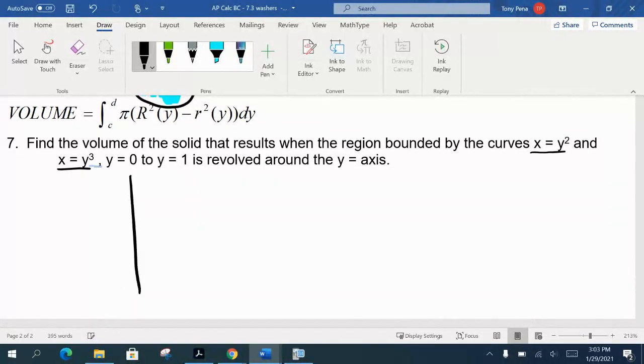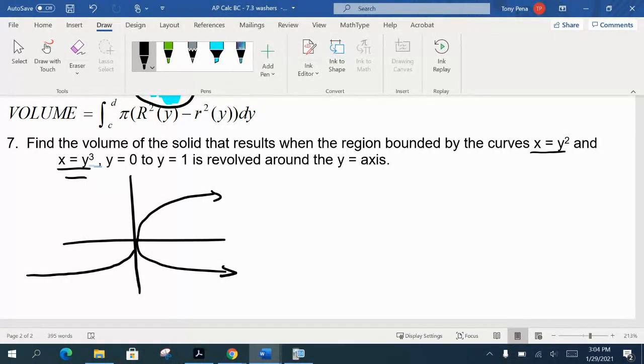So if I were to do that, I'm going to have x equals y squared. So that's a parabola that looks like this. And then x equals y cubed comes around like this, touch each other at 0, and then it increases a little bit quickly, but then it kind of flattens out right in there.